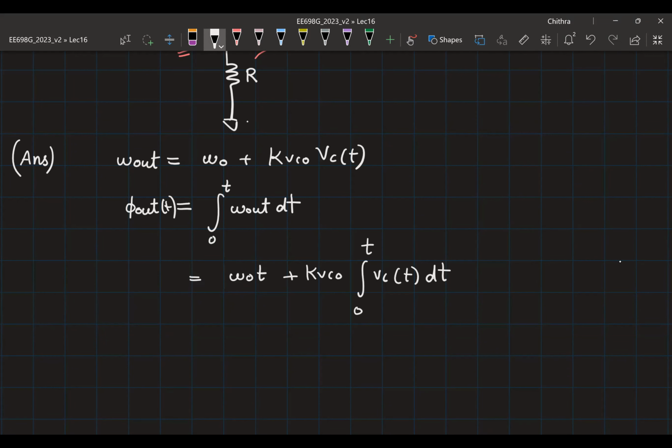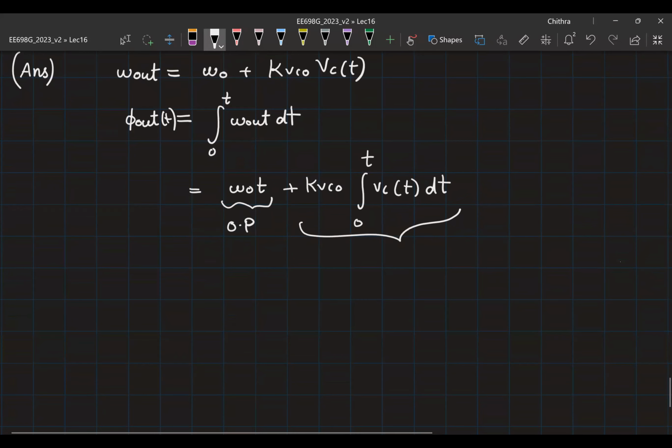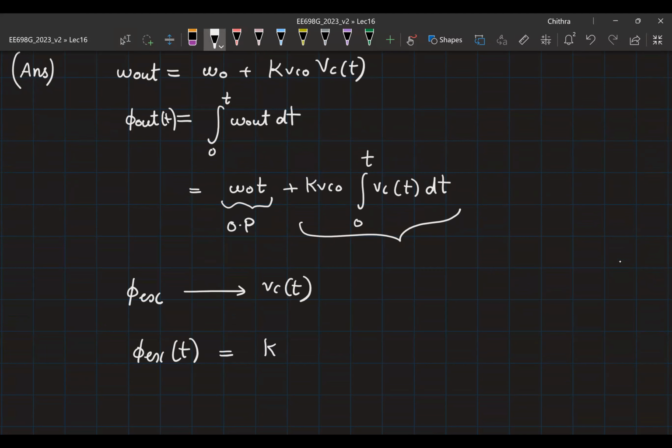Like I mentioned before, this first term acts as our operating point, and this is the excess phase, right? So we are interested in calculating how the excess phase relates to VC of t. The time domain expression for the excess phase is KVCO times the integral from 0 to t of VC of t dt.